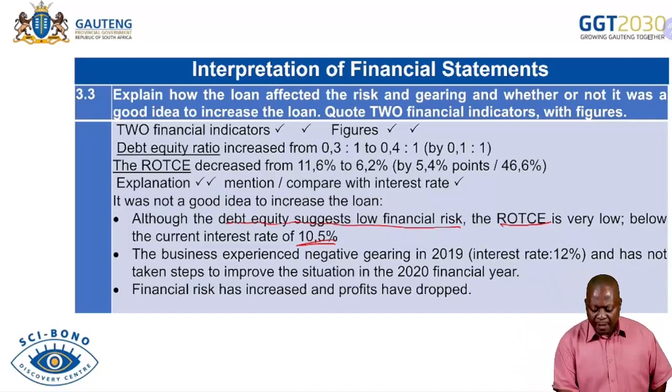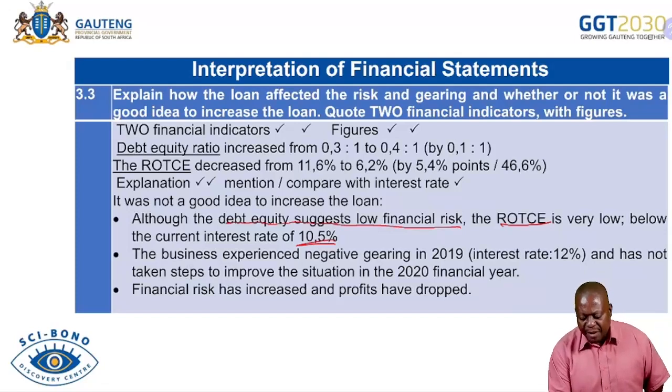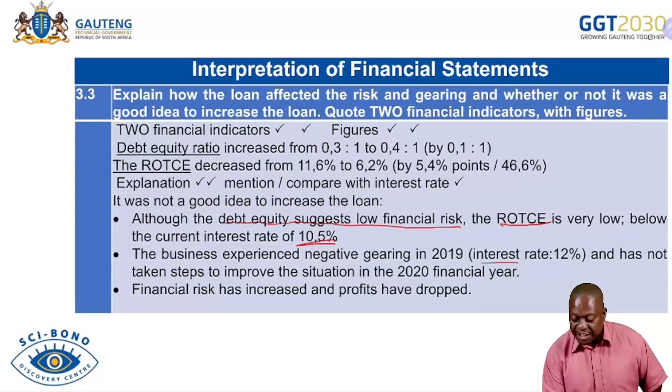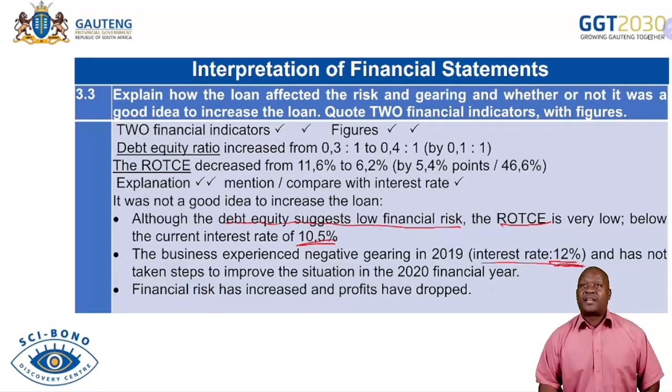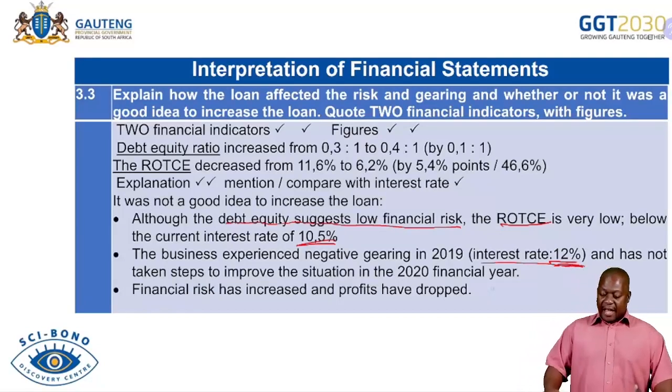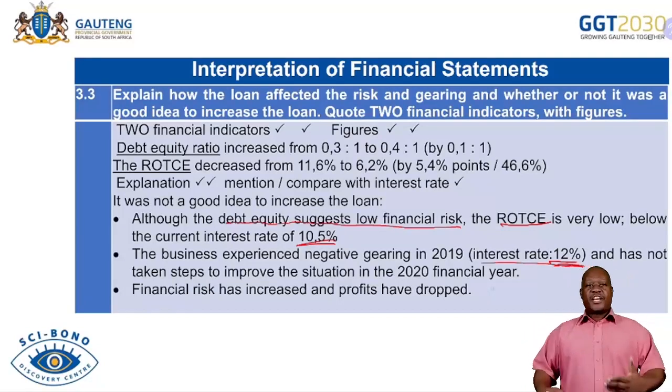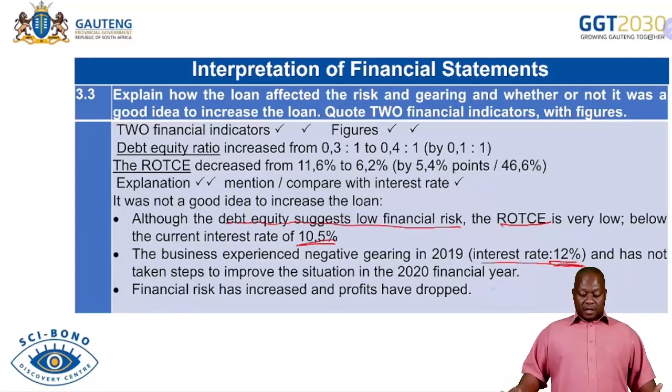Definitely no. The business experienced negative gearing, and the interest rate, check what it is, at 12%, and has not taken steps to improve the situation. So if you can check, our situation is not improving. So if our situation is not improving, then why should we keep on borrowing?